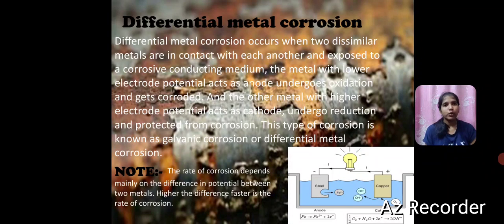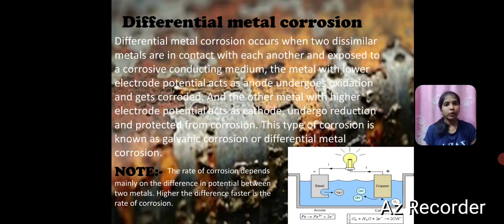Differential metal corrosion. Differential metal corrosion occurs when two dissimilar metals are in contact with one another and exposed to a corrosive conducting medium. The metal with the lower electrode potential acts as anode, undergoes oxidation and gets corroded, and the other metal with higher electrode potential acts as cathode, undergoes reduction and is protected from corrosion.